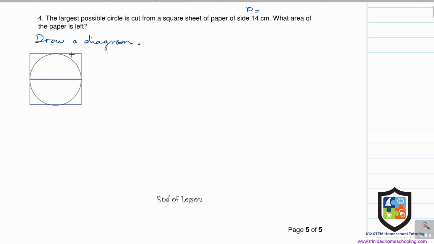Alright, so we need the area left, which is going to be this shaded part here when we cut out that circle. Okay, so how can we find this piece that's left here?